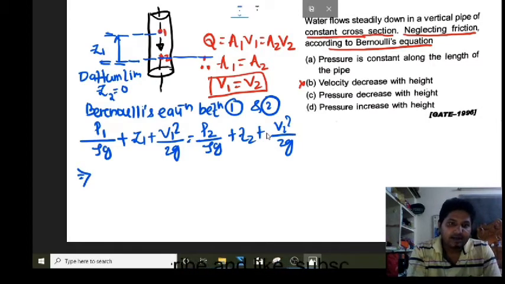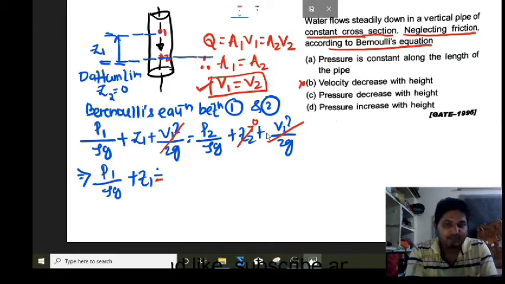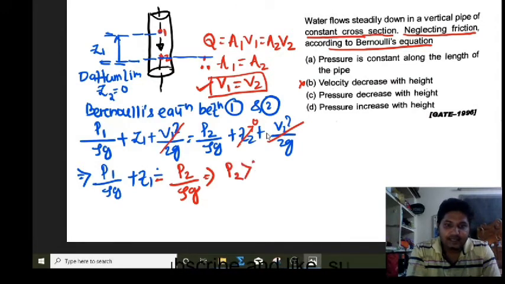Here the velocities are the same, so I can cancel the velocity terms. Z2 will be equal to 0 because we have assumed point 2 as the datum line. So this is equal to P2 by rho g. From this equation I can say P2 is greater than P1.